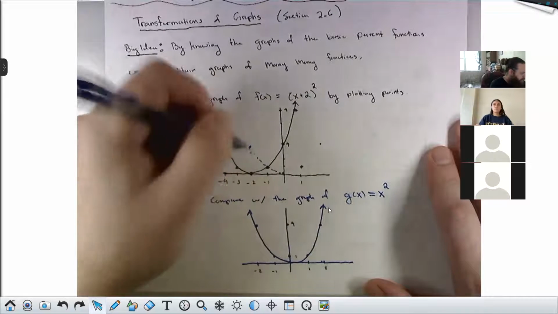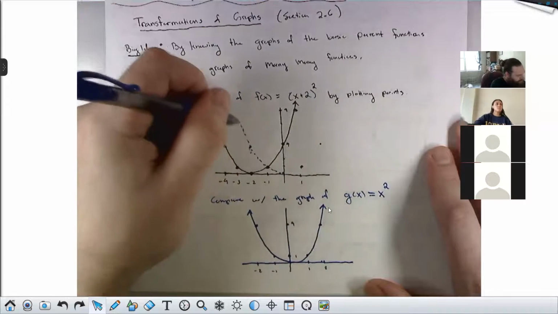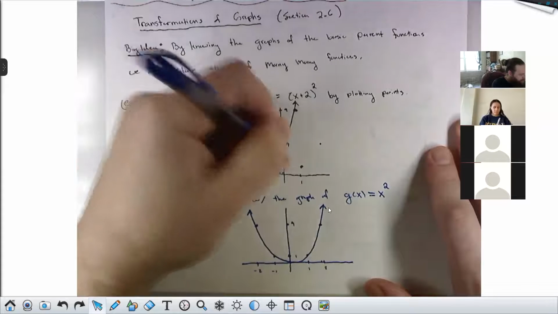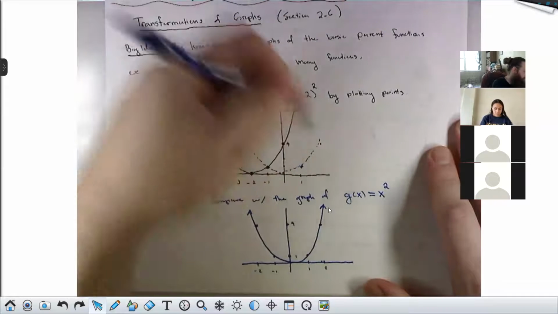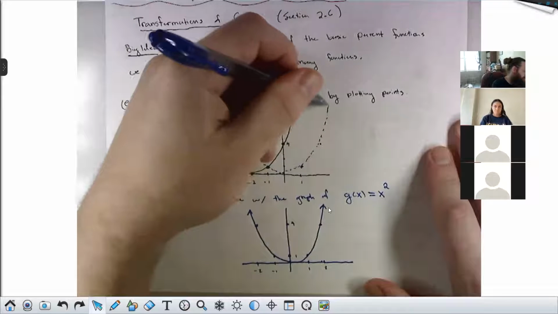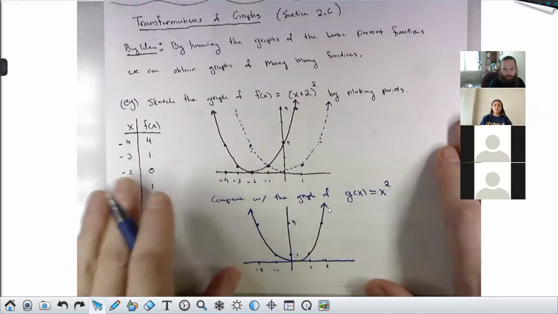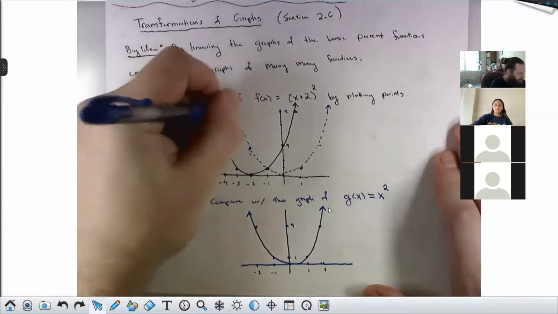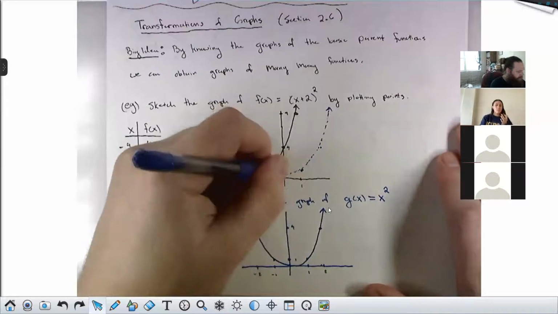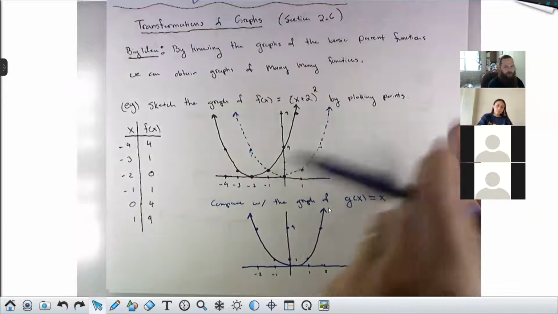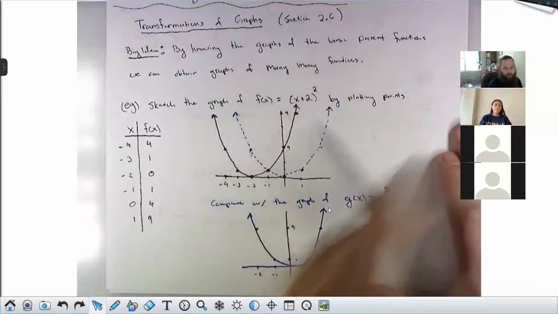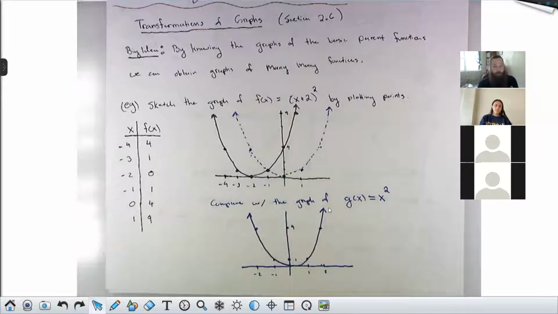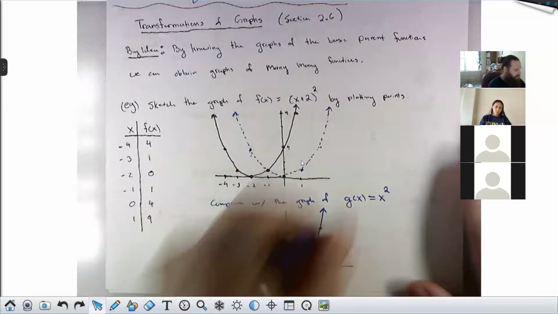So here's the blue graph overlaid with the black graph. Who was that? Is that Jimmy? Yes. Yeah, so if I take the blue graph and I shift it to the left 2 units, I get the black graph. Or if I take the black graph and shift it right 2 units, I get the blue graph. That's the big observation.